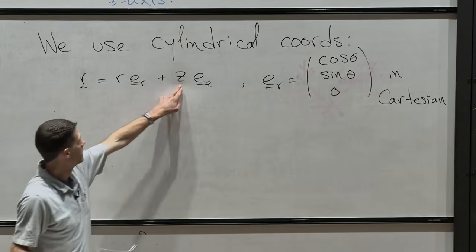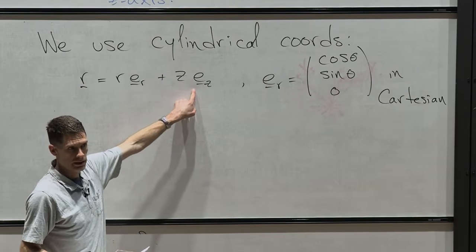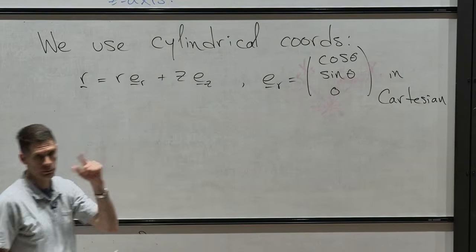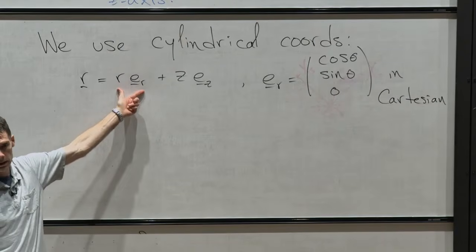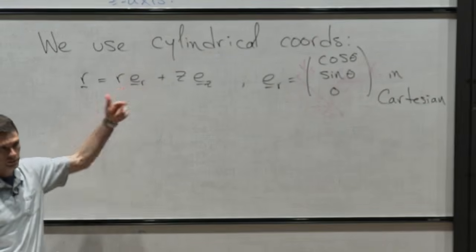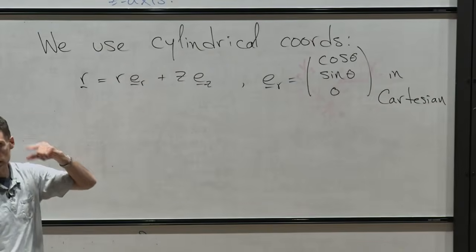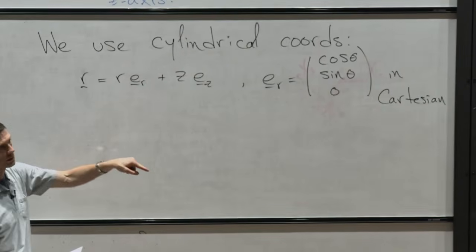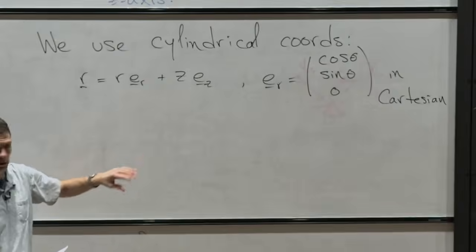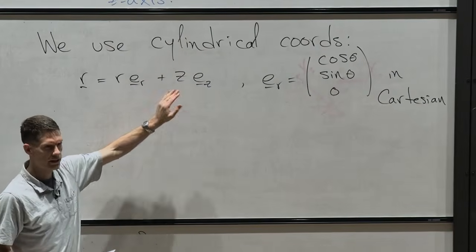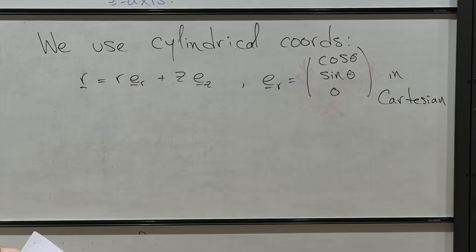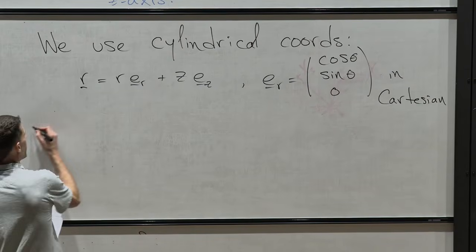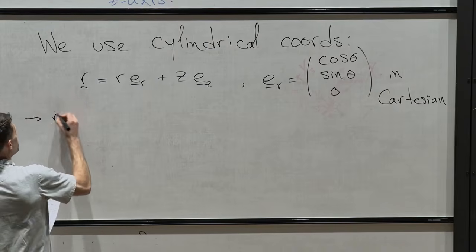All I've done is add the z, but that's a fixed vector, e_z always pointing up, so when I start taking derivatives I get the same pattern. e_r dot becomes e_theta with a theta dot, e_theta dot becomes e_r with a minus theta dot, and the z just becomes z dot and z double dot. So it's a very simple extension from polar coordinates.